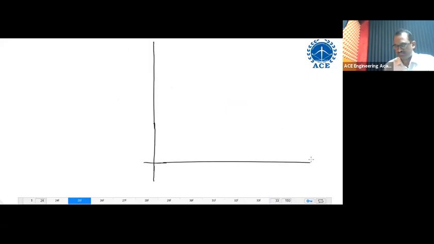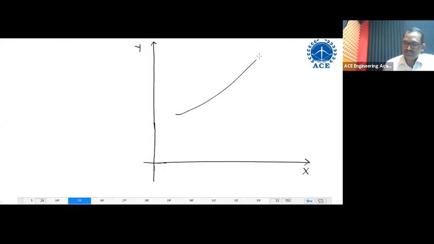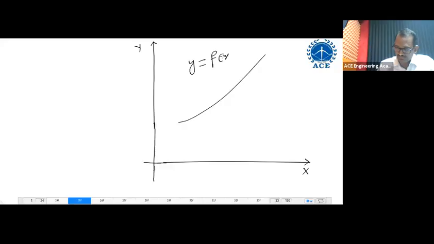Look, draw this diagram. The solution of any first order differential equation is represented by a curve. Let this curve be y is equal to f of x.